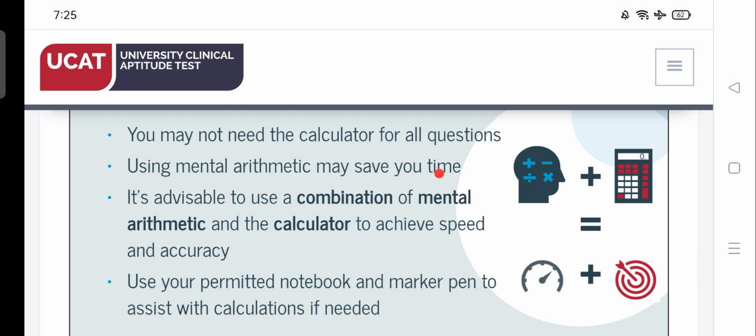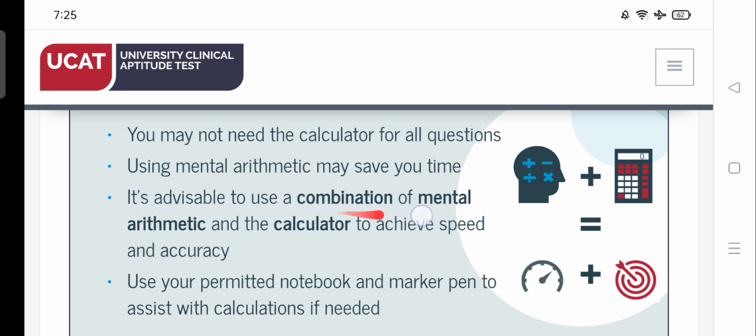If you use your mental arithmetic, you can solve these calculations in your mind, and it will help you save your time. But if you are not that well trained that you can solve these calculations in your mind, then obviously you can use your calculator. Otherwise it will consume more time to do calculations with your mind.